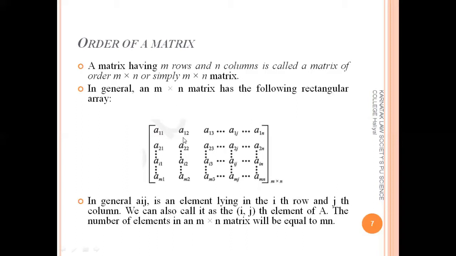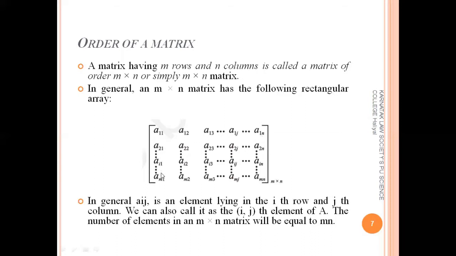The second element a12 lies in the first row and second column. Likewise, the third element a13 lies in the first row and third column, and so on up to the first row jth column, that is a1j, and so on up to the element lying in the first row nth column.